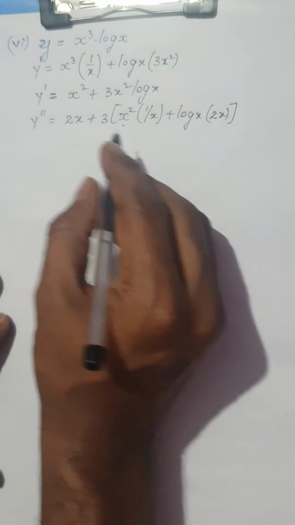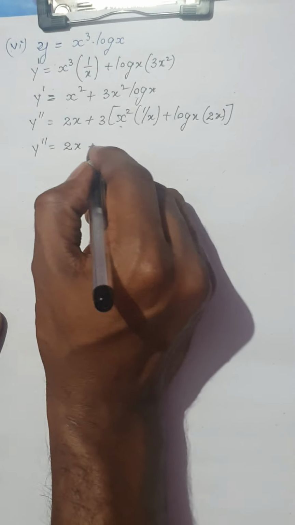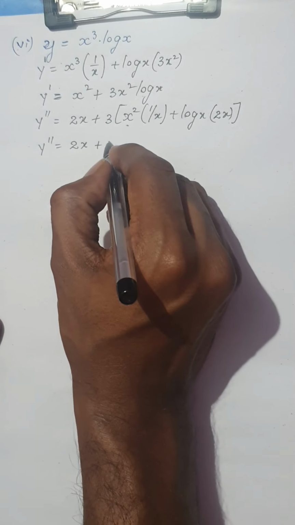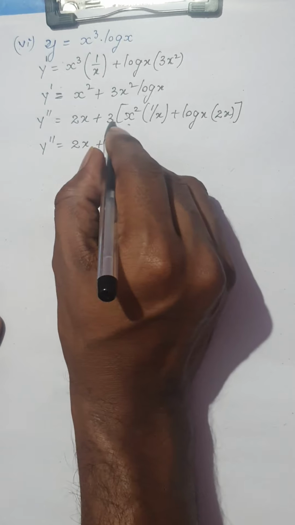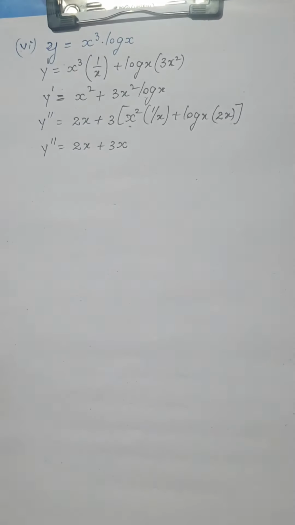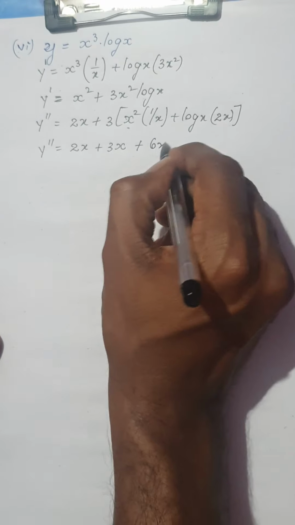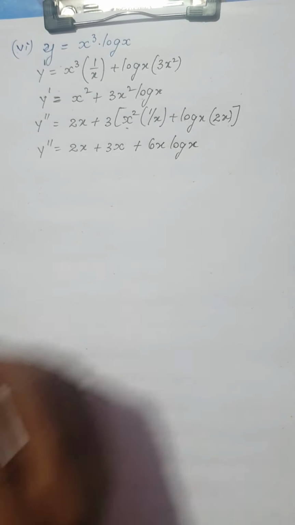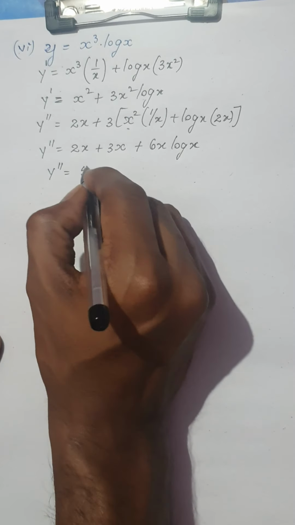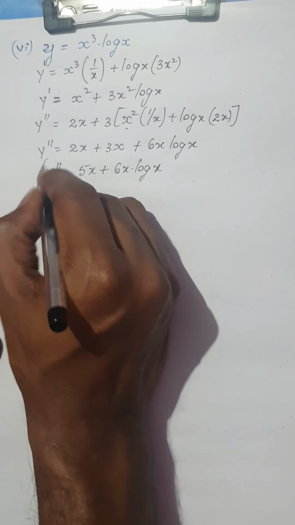So y double dash would be 2x plus, now x square and x will be cancelled, one term of x would be cancelled. So x square by x is x, multiplied by 3 you will get 3 times x. Plus now 2x into 3, that is 6x into log x. You can finally write this as y double dash is 2x plus 3x, that is nothing but 5x, plus 6x into log x.